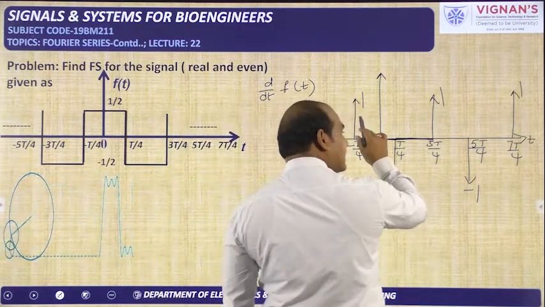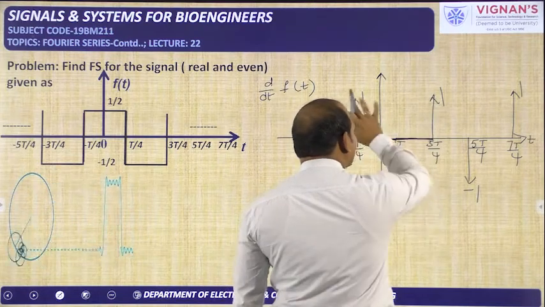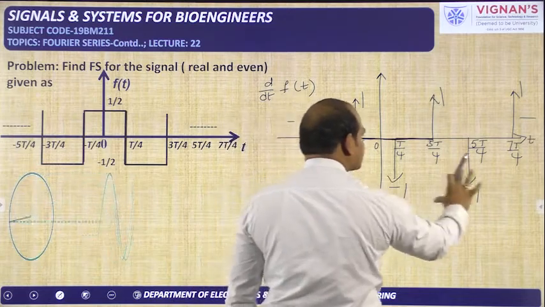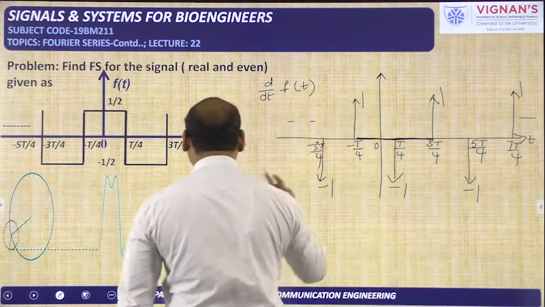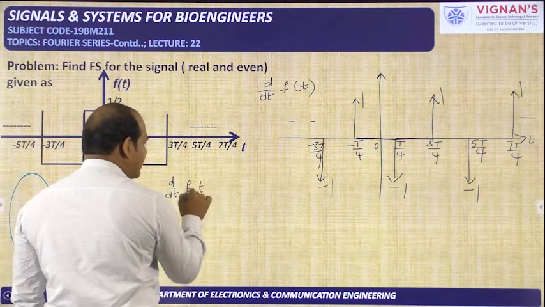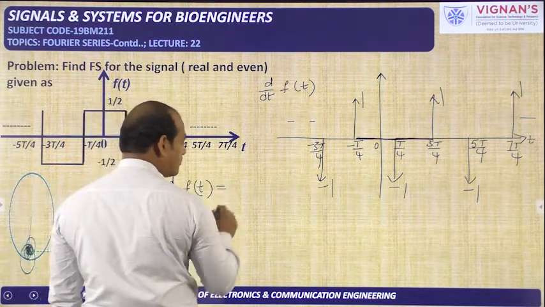And if you observe, here two types of impulses are there. Some of the impulses are above the x-axis and some of the impulses are below the x-axis. So this d by dt of f of t can be written as two things.